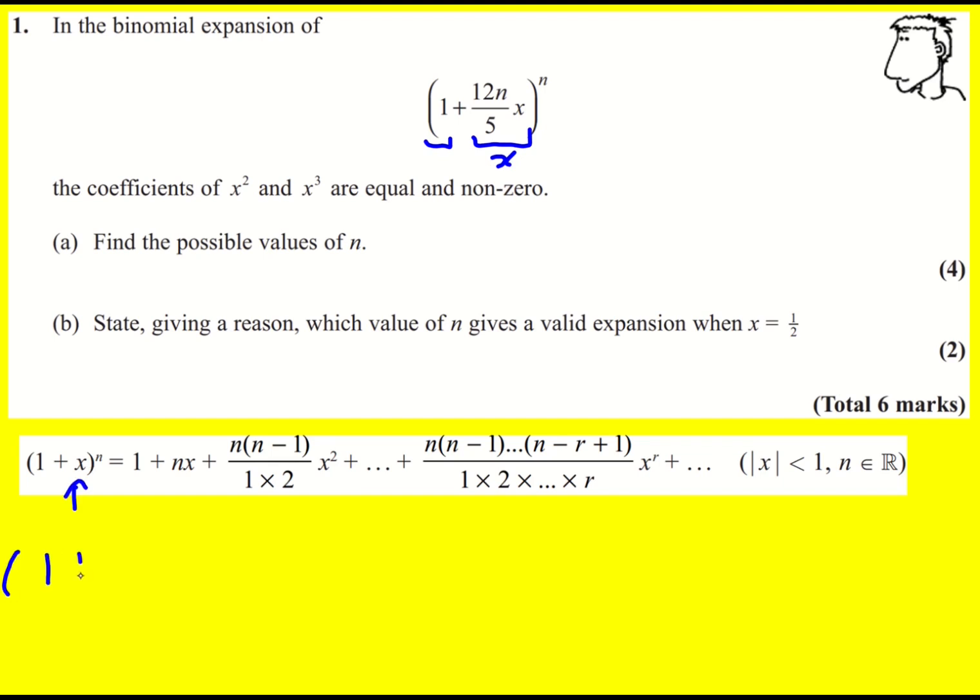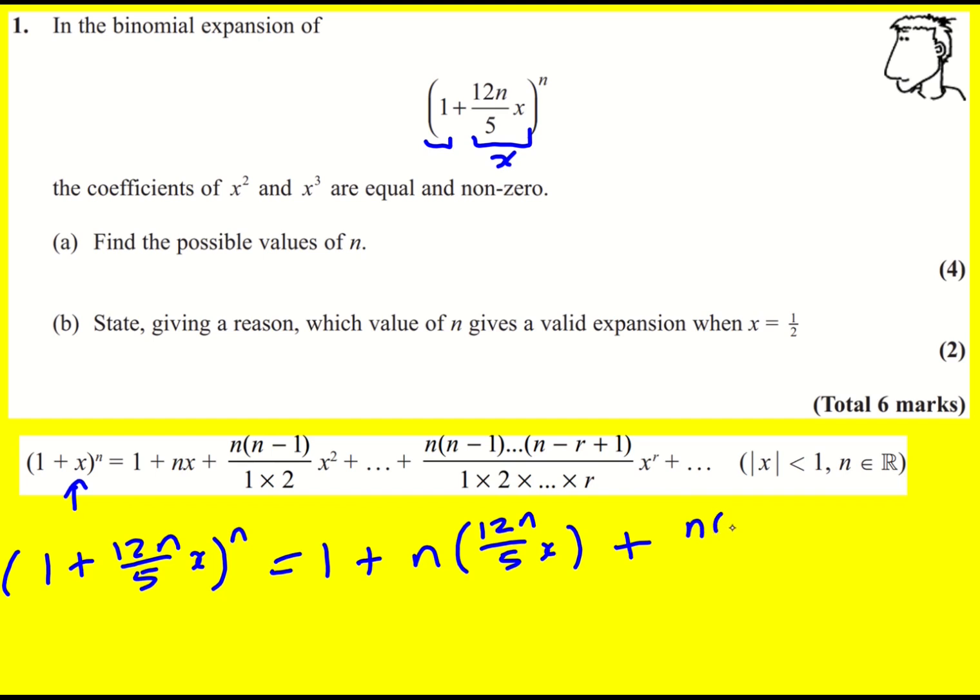So I'm therefore going to get 1 plus 12n over 5 x, to the n, is going to equal 1 plus n times 12n over 5 x. Actually, I'm not interested in that term, but I'm just going to write out the first few terms. Plus n times n minus 1 over 2, 12n over 5 x all squared.